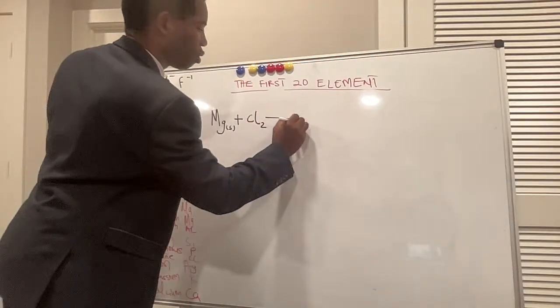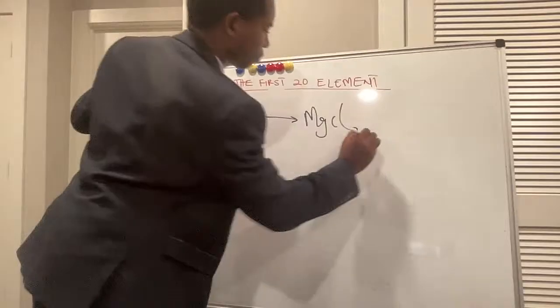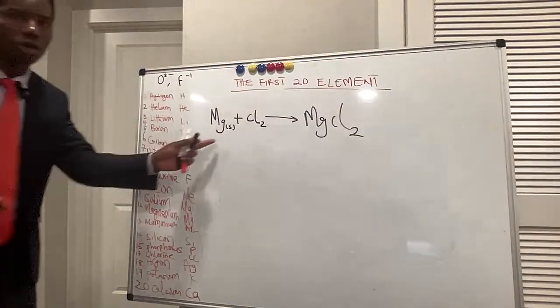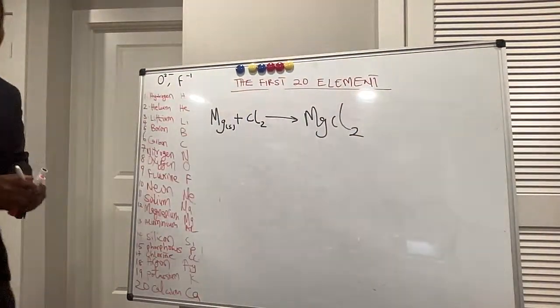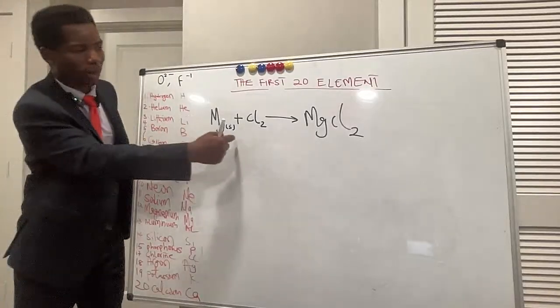When magnesium reacts with chlorine, it's going to give what? Magnesium chloride. When magnesium reacts with chlorine, it's going to give us magnesium chloride.